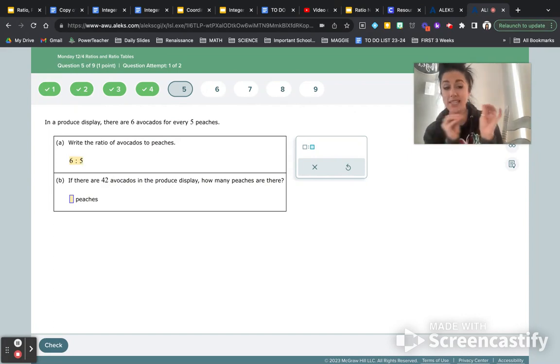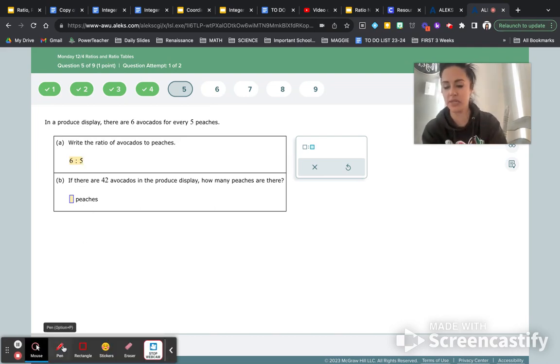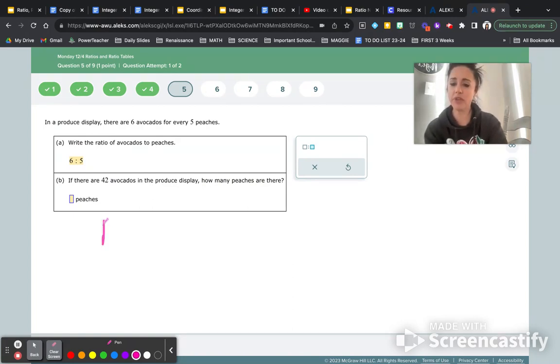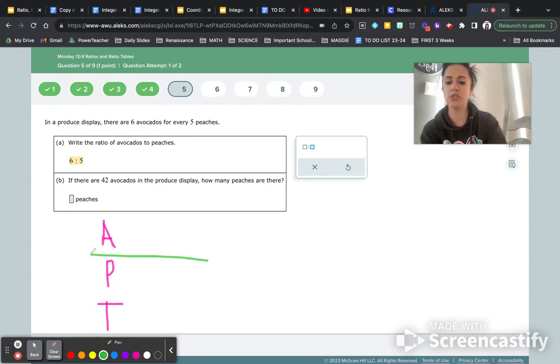Okay, so this is taking some time. I want to kind of draw this out. So this is where I get to actually use my handy dandy new little app here. So we said there are avocados and there are peaches, right? And then there's going to be a T for total, I'm going to say, okay? I'm going to kind of draw my little lines.